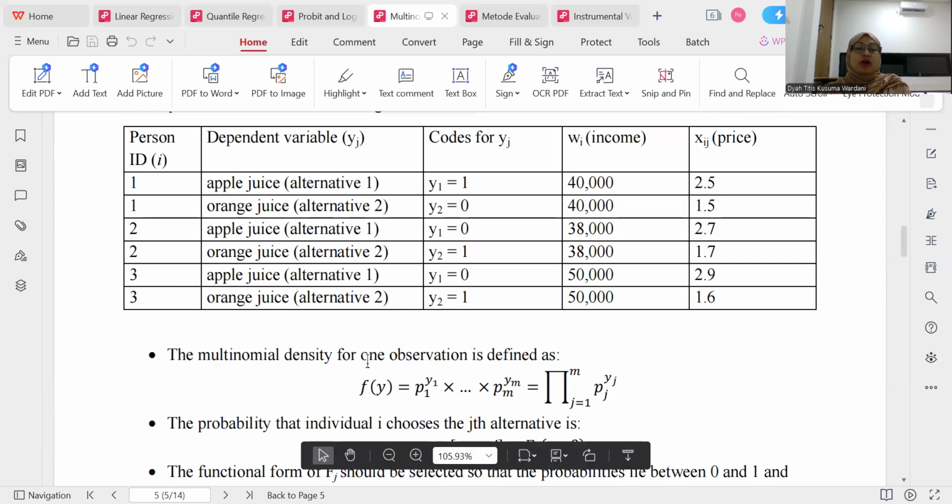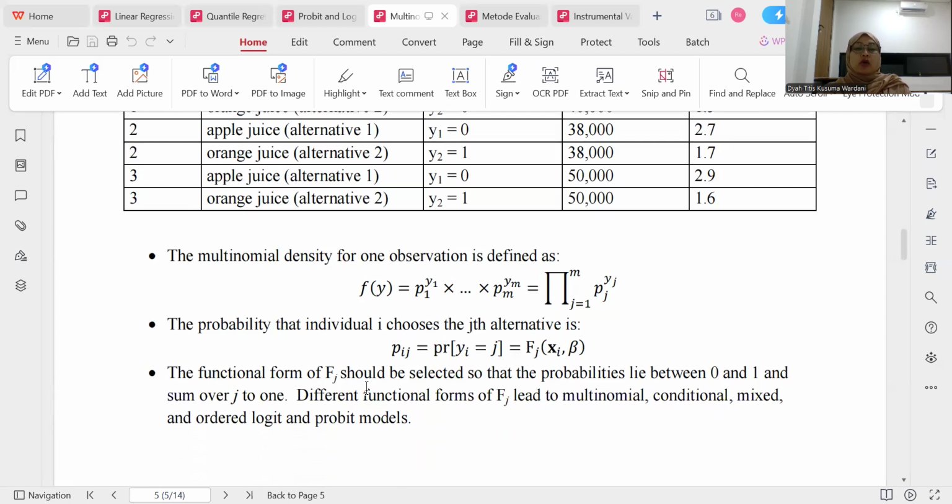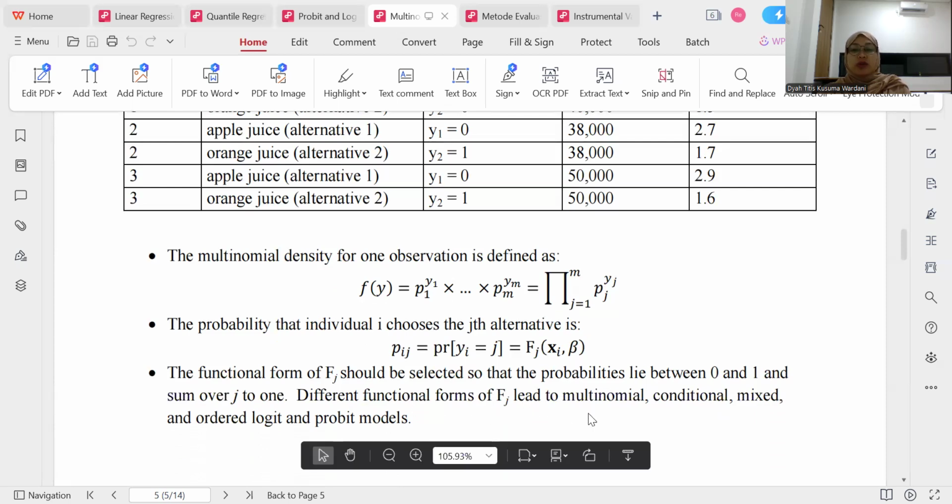This is the presentation of a multinomial density for one observation. And here we also have the probability that the individual chooses the jth alternative. The functional form of pij should be selected so that the probability lies between 0 and 1 and sums over j to 1.